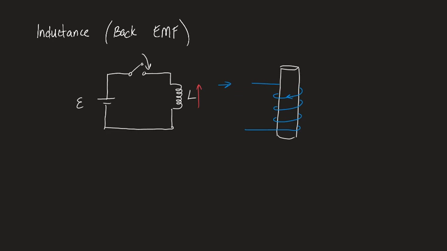Because although it may try to prevent it, eventually the applied EMF is going to win out, and we will get a fully established current in the circuit. The amount of current in the circuit would be based on Ohm's law at this point and the total resistance of the circuit. And at that point, we would have a fully established magnetic field through the center.